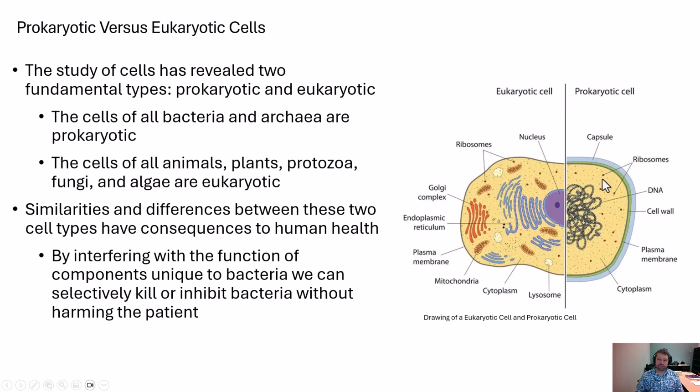If that enzyme is different enough from a eukaryotic enzyme, then maybe we can target that enzyme, and we'll come back and talk about that. That's a new way that we're trying to generate antibiotics, is to attack ATP synthase.